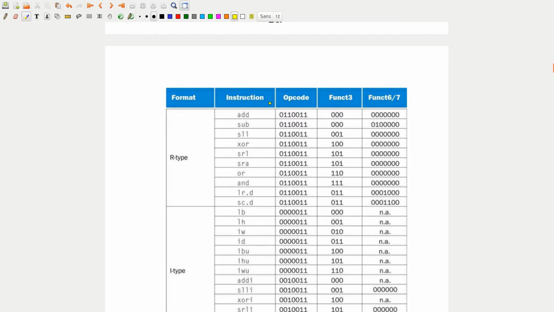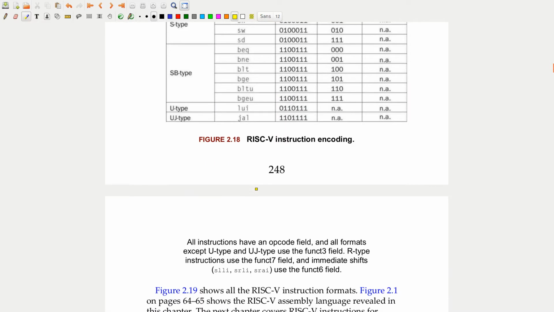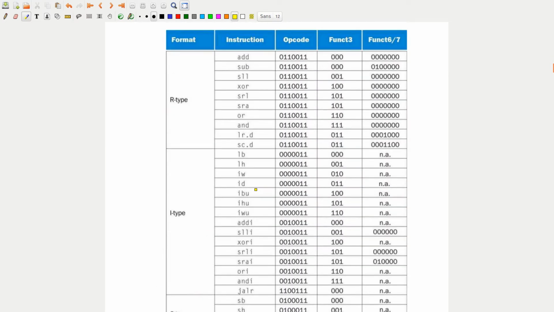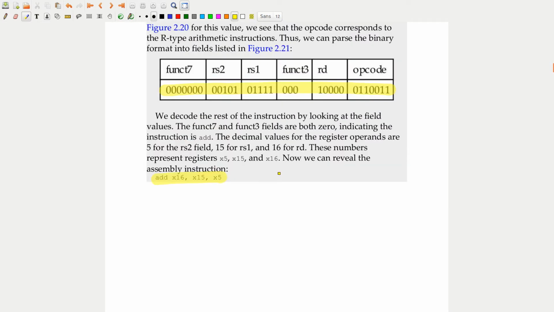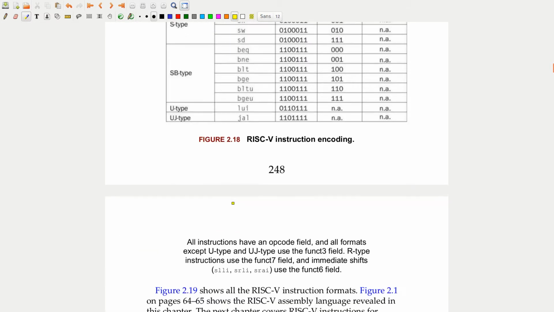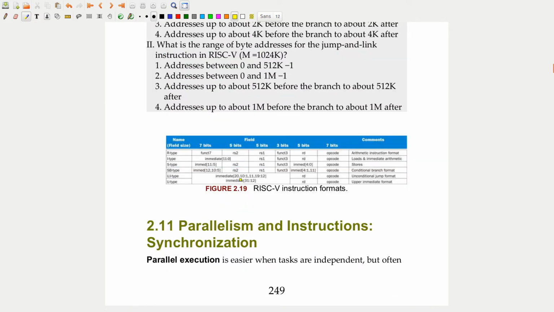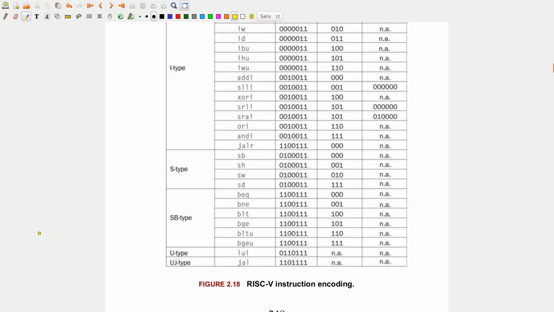So here we have the opcodes of the instructions, and there's a table someplace of the actual mappings of the registers to binary numbers as well. I think they're just in order though, so x0 is just 0, x1 is just 1, x31 is just 31 in binary. But yeah, we'll skip this because this is just going to be looking at tables and copying.